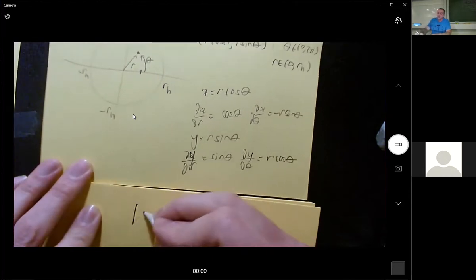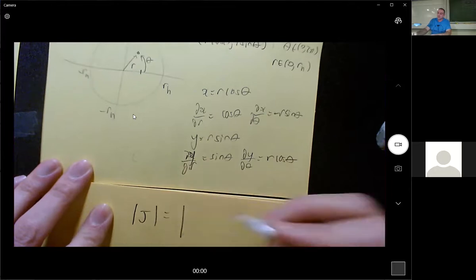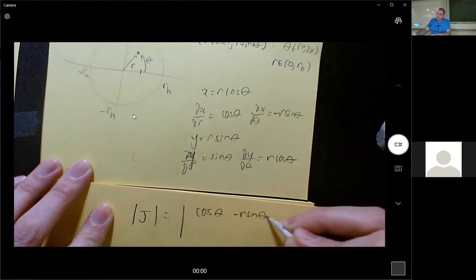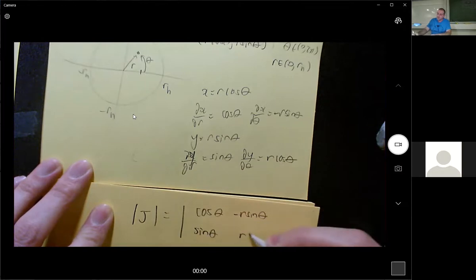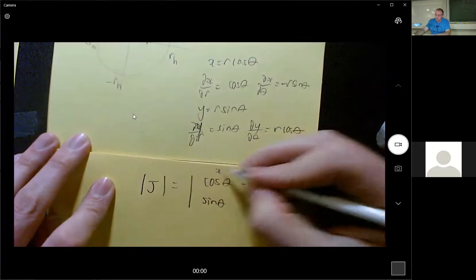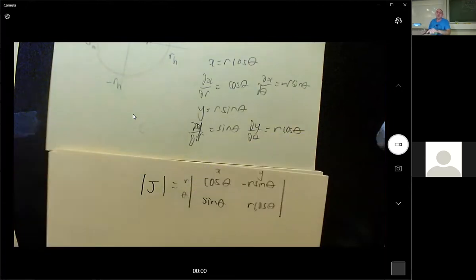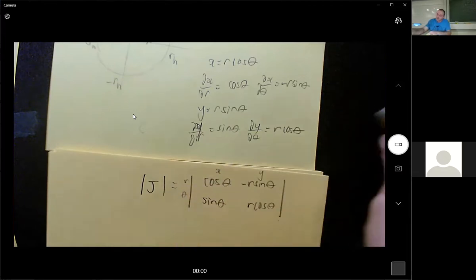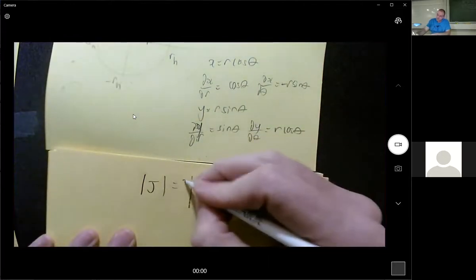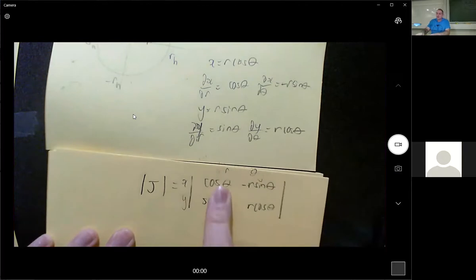And so the Jacobian is this matrix. I've got dx on dr and dx on d theta, dy on dr and dy on d theta.